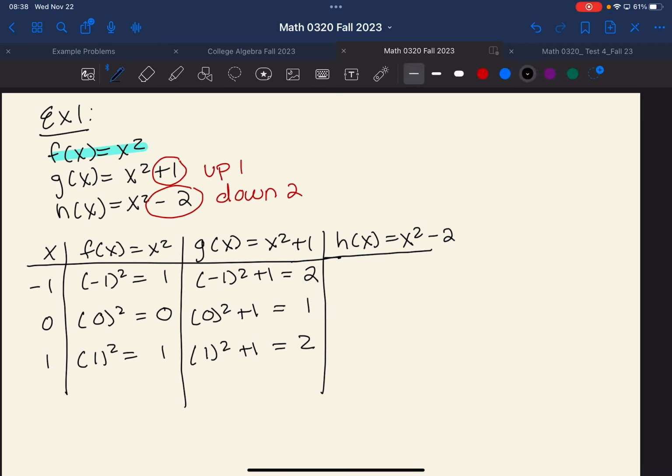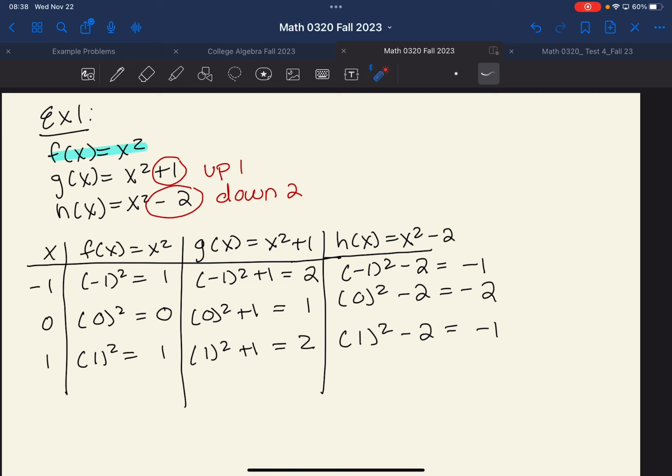Now looking at our h of x function, we have -1 squared minus 2. So that's 1 minus 2, -1. 0 squared minus 2, which is -2. And 1 squared minus 2, which is -1.